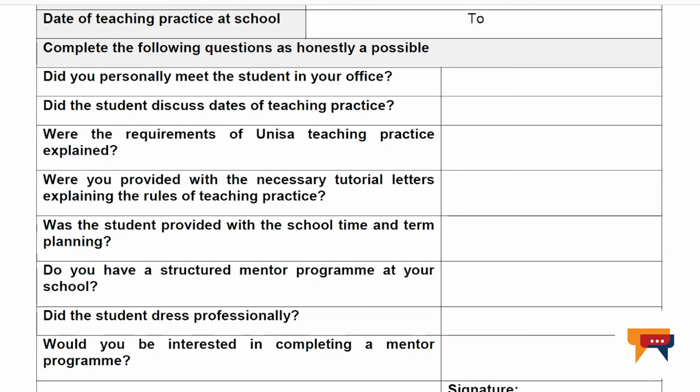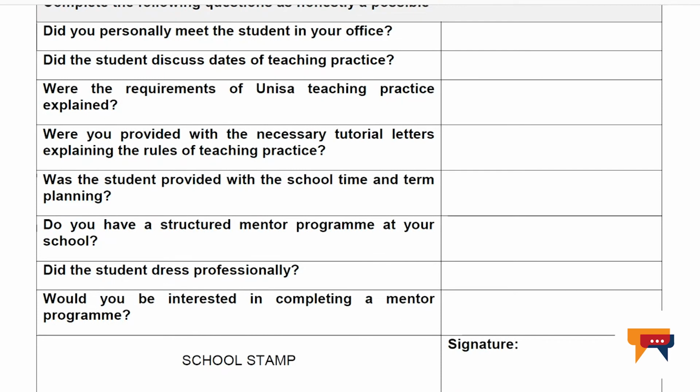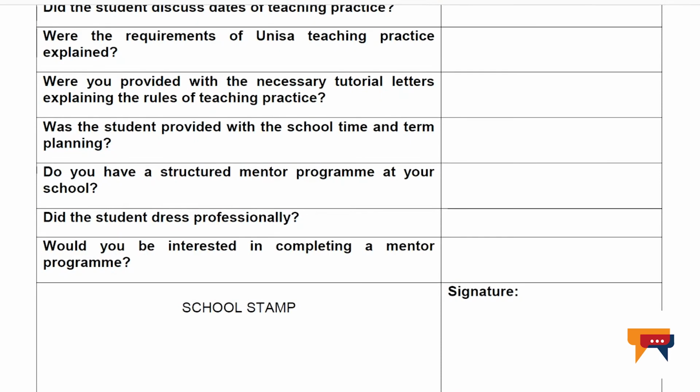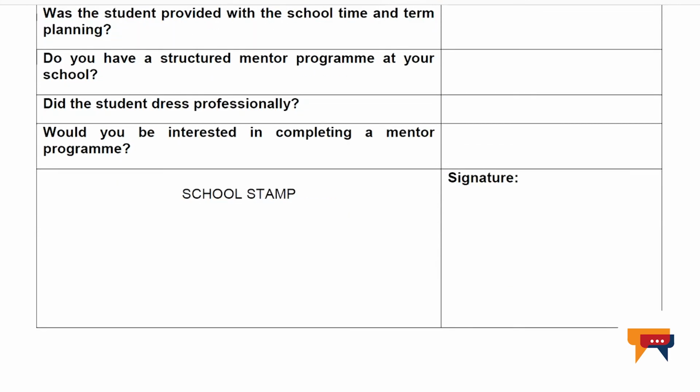Do you have a structured mentor program at your school? That's for the school to answer. Did the student dress professionally? Please, I'm not saying go and buy a new wardrobe. Your very old clothes, wash them, iron them, be neat, and be modest when you go to schools to teach.